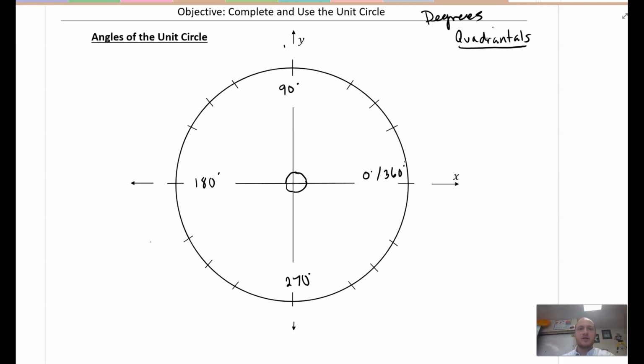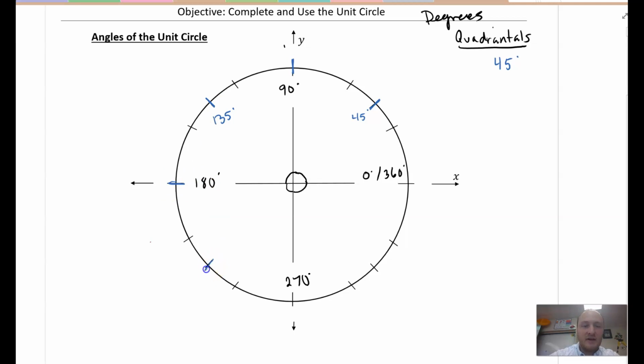Next, I'm going to talk about the 45 degree angles, right? Because half of 90 is 45. So this angle here is 45 degrees. If I add 45, so imagine we're here, that gives me 90. Then I can add another 45, that gives me 135. Add another 45, and that gives me 180.